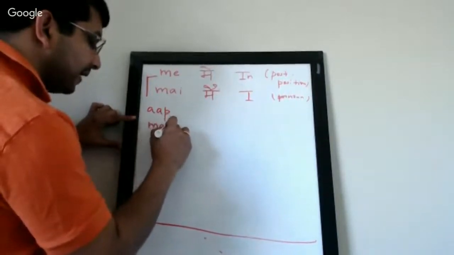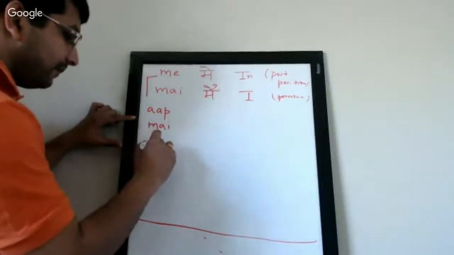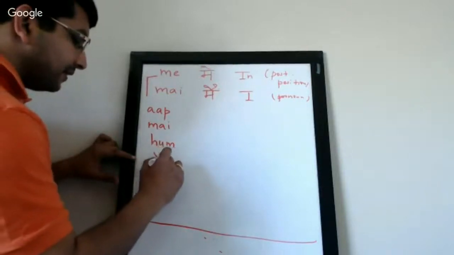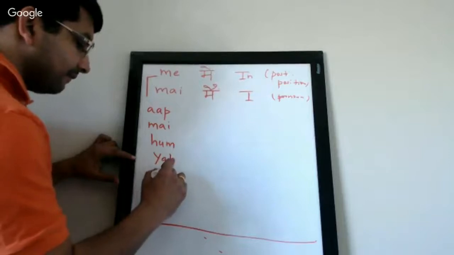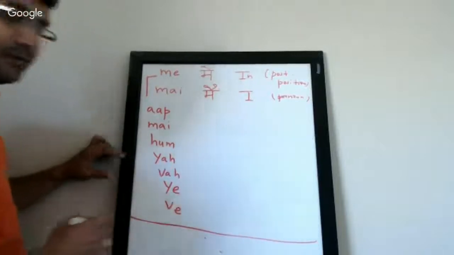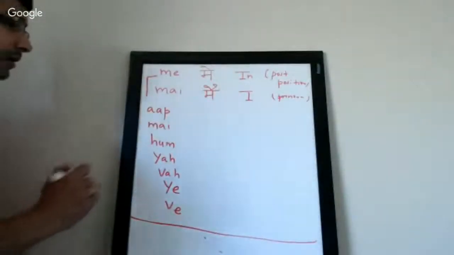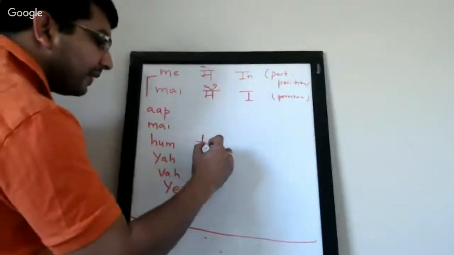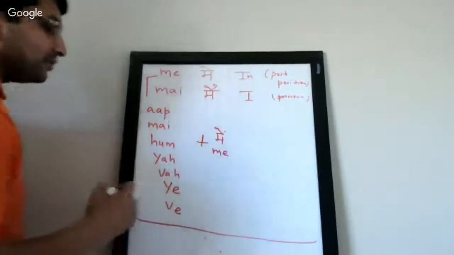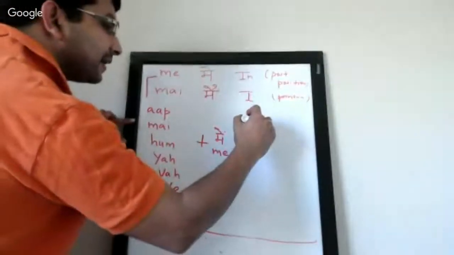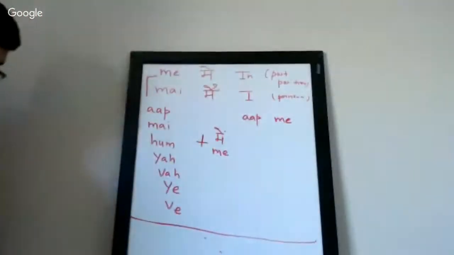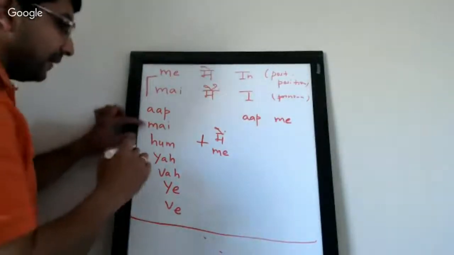We have मैं, we have हम, and then we have यह, वह, ये, and वे. I'll give you a quick refresher. आप is you, and when you use this postposition after that, the form of the pronoun changes. It will be आप में. It's not one word, but you'll see both of them. आप में, and then मैं plus में.